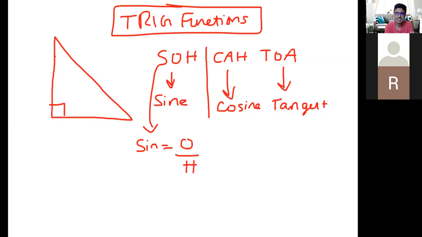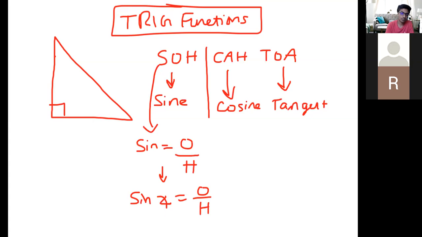Now, what are we taking a sine of? Well, usually there is a sine of an angle. Basically, that's a geometric symbol, guys, for representing an angle. So the sine of an angle is equal to the opposite side length divided by the hypotenuse length.